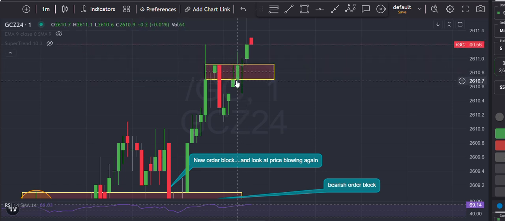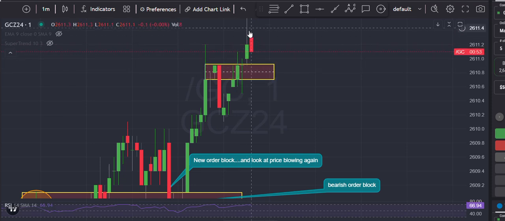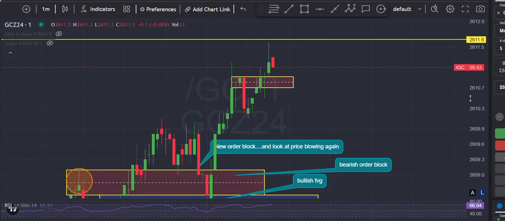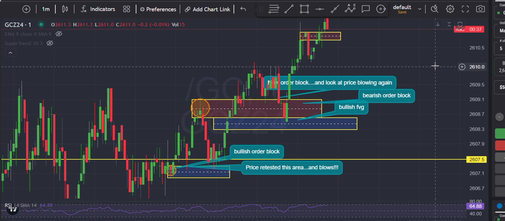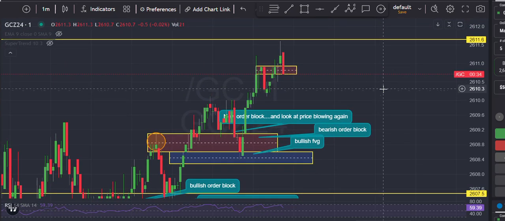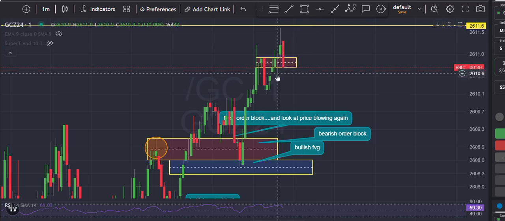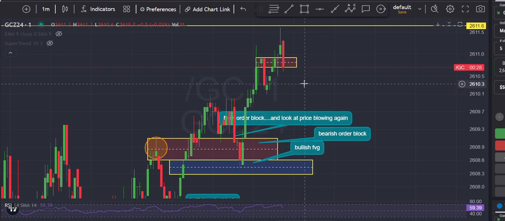So we get that move, we see that it comes back down, it retests our order block area, and now we just have to continue to see how this plays out. But so far, these areas that I marked out seem to match up really good. I didn't even look at any other time frame.